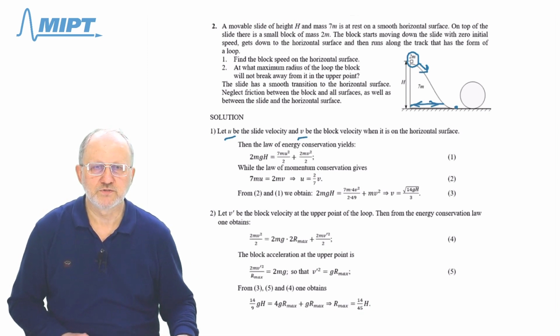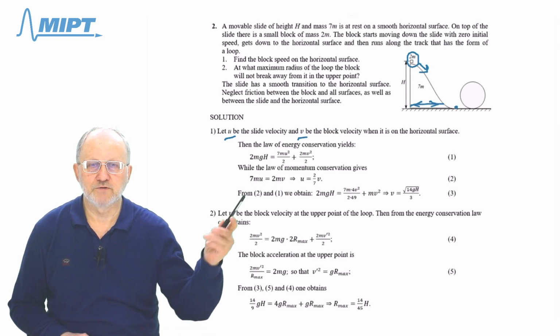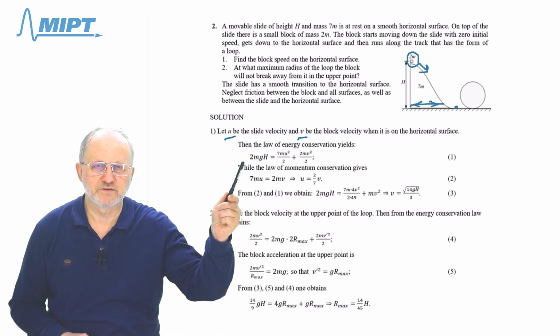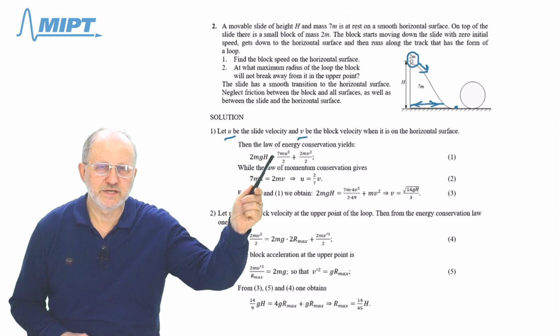Using these notations, we can write the equation of energy conservation. The initial energy is the potential energy of the block, which has the mass 2m and the height h above the surface, and g is the acceleration of free fall.